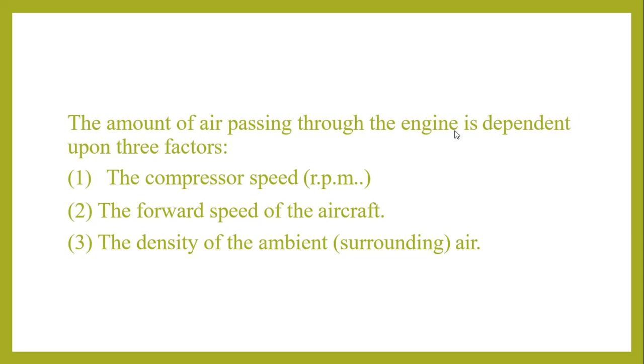The amount of air passing through the engine depends upon three factors: 1, compressor speed; 2, the forward speed of the aircraft; 3, the density of the ambient surrounding air.